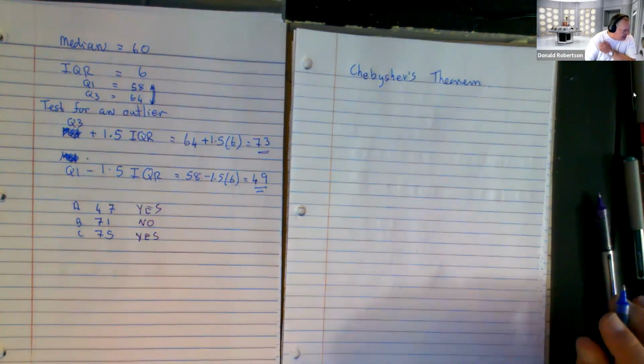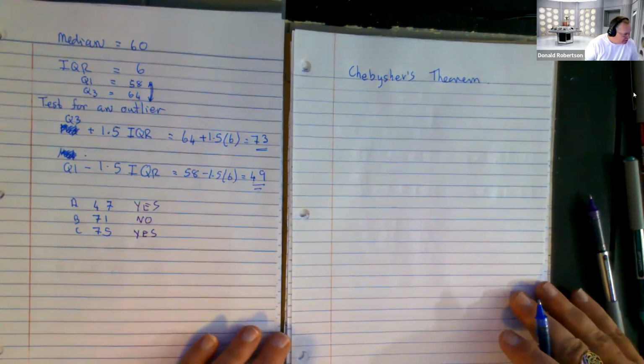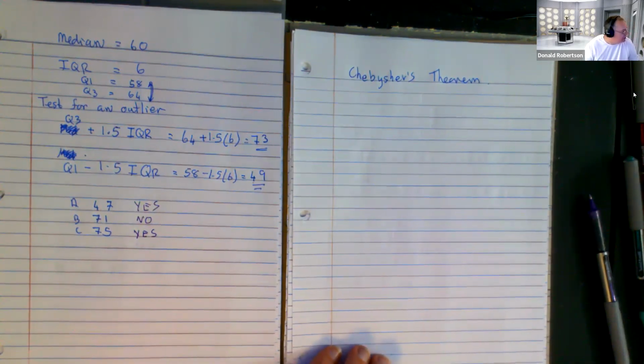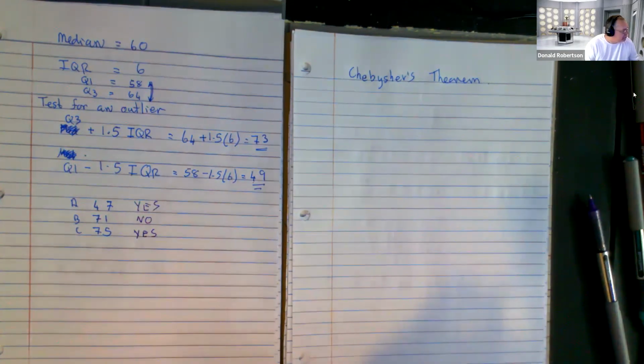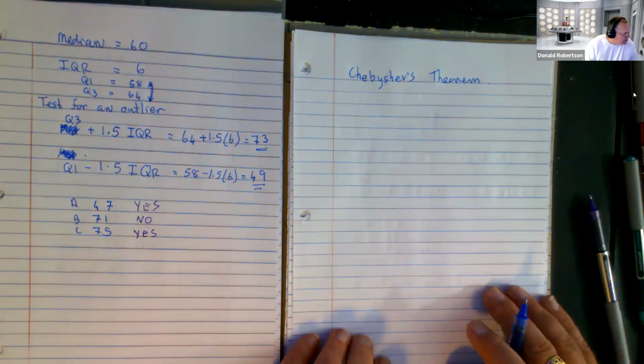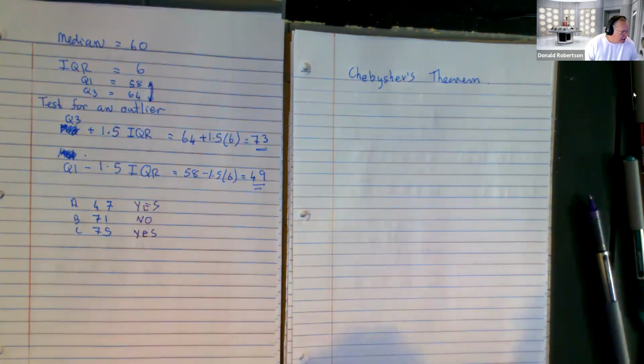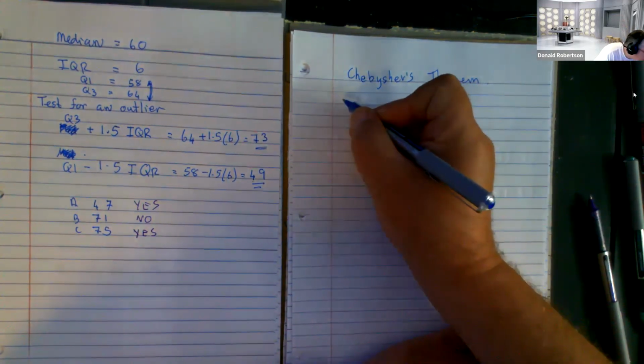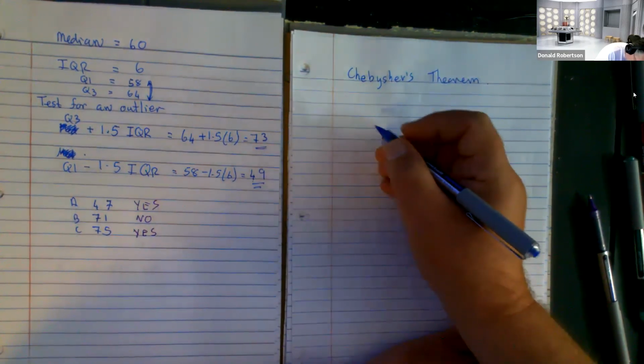And what he said is that for any set of data, for any constant k greater than 1, the proportion of data that must lie within k standard deviations, I better write this down.